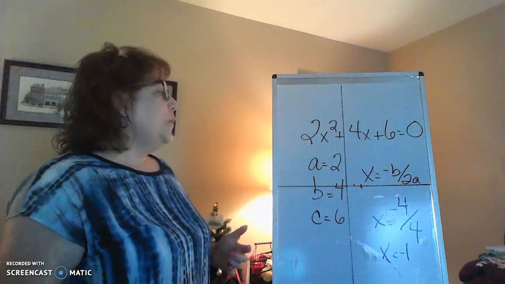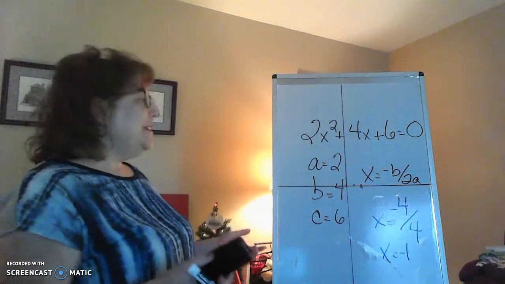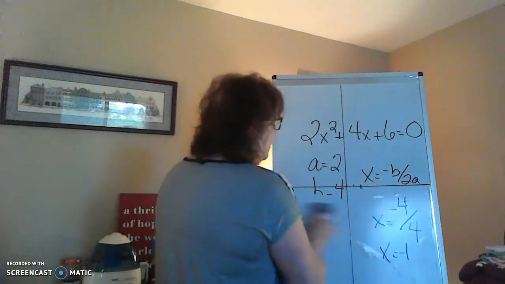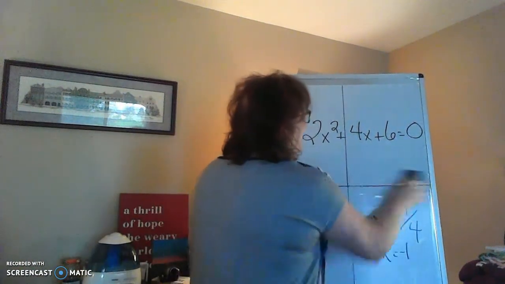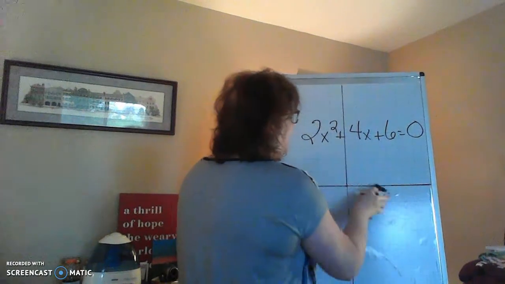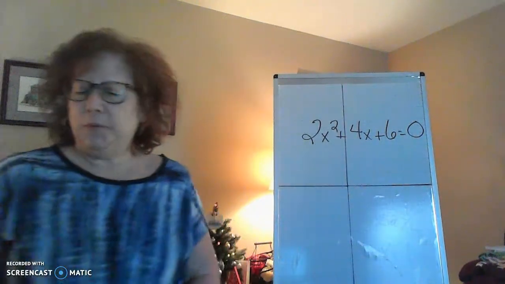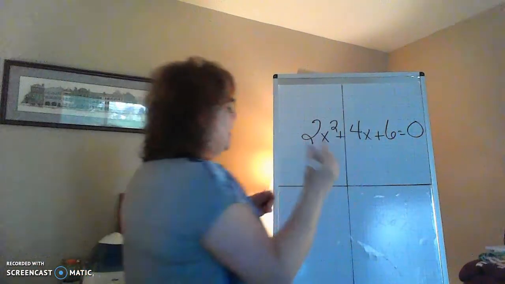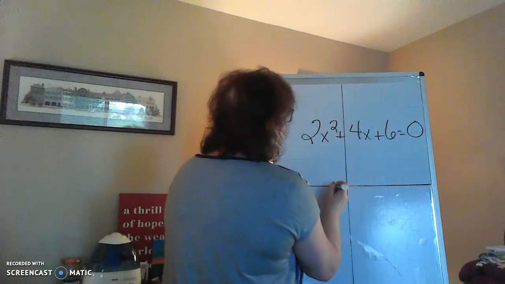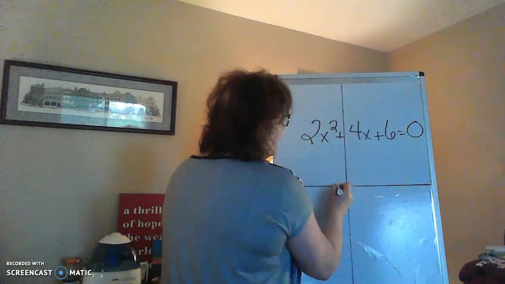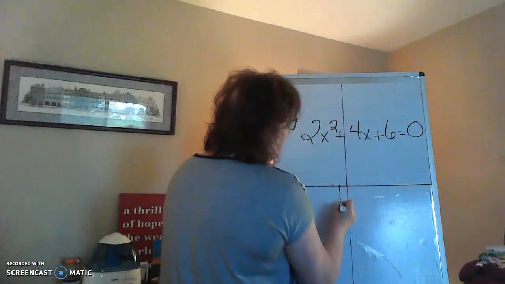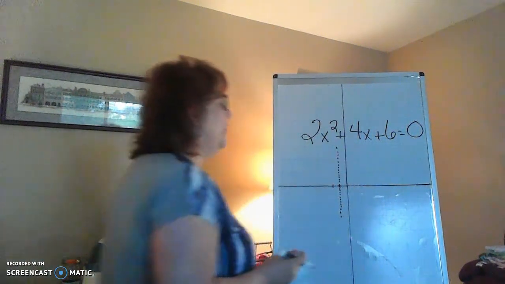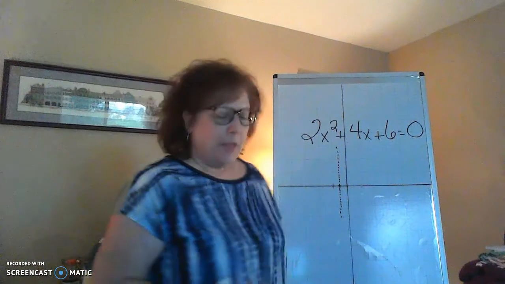Now, what I need to do, I'm going to erase everything except that negative 1 I'm going to be able to put on the graph then. I hope you like my new little graph board. I'm really missing my magnetic ones. So if I have the negative 1 right here, here is where that vertex is going to be running through.